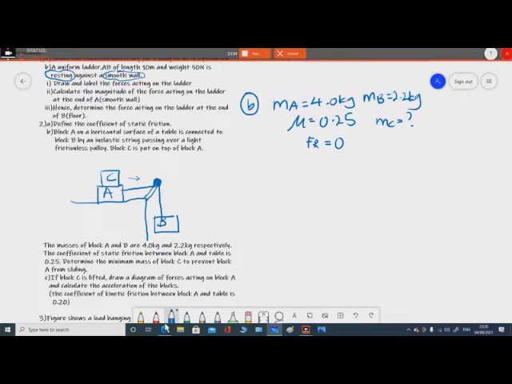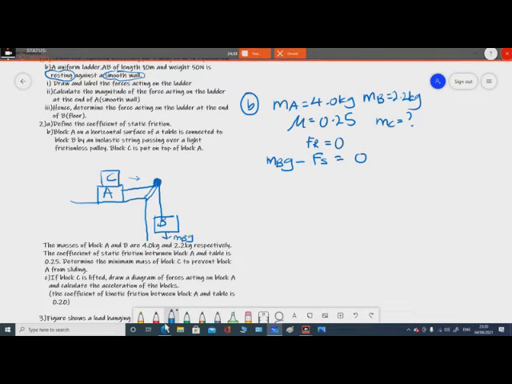P is mBg, which is the weight of block B. So mBg minus the static friction Fs is equal to 0.